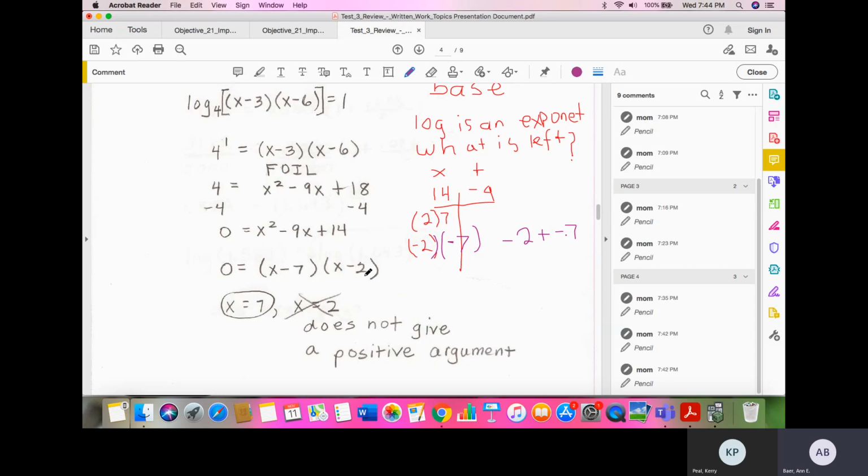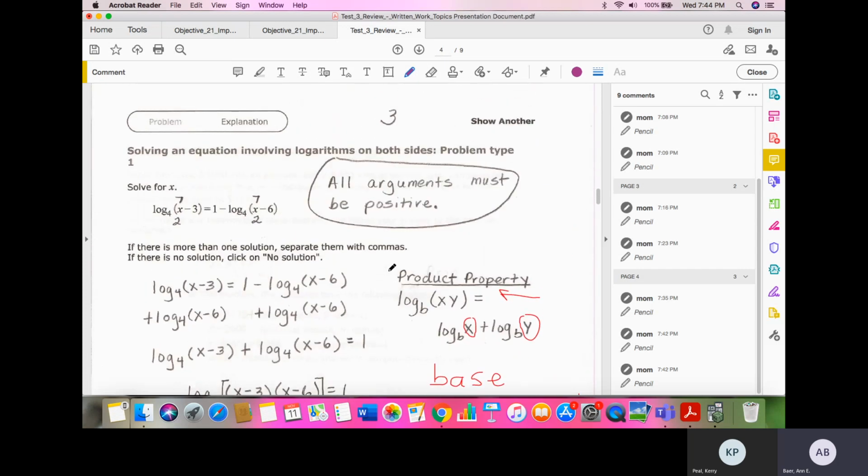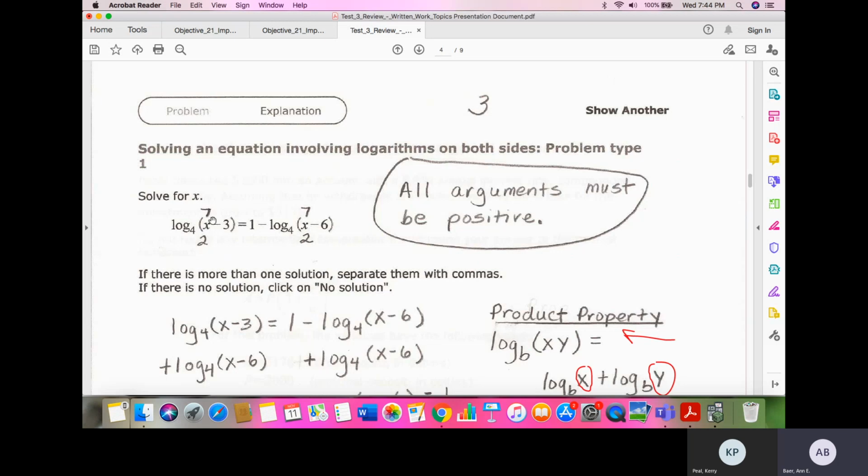Now remember, we need to check our numbers that we get and make sure all the arguments are positive. So we got x equals 7 and x equals 2. Let's go back up here and put in 7s for x.